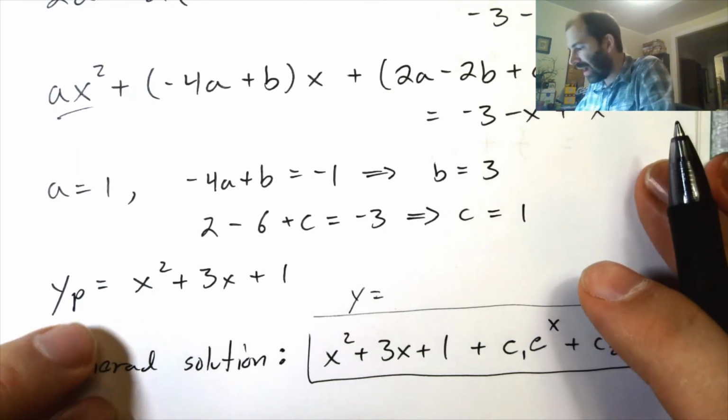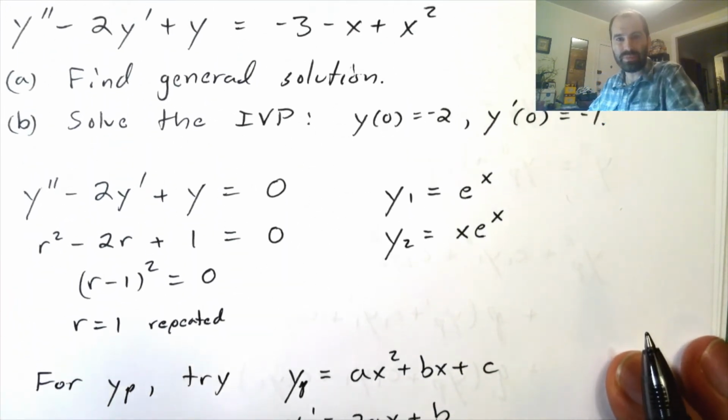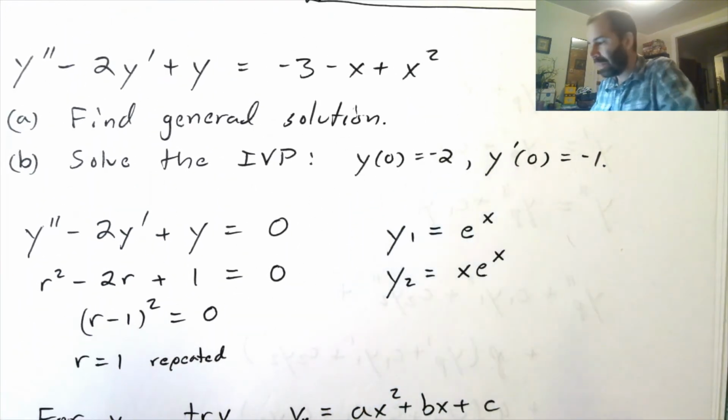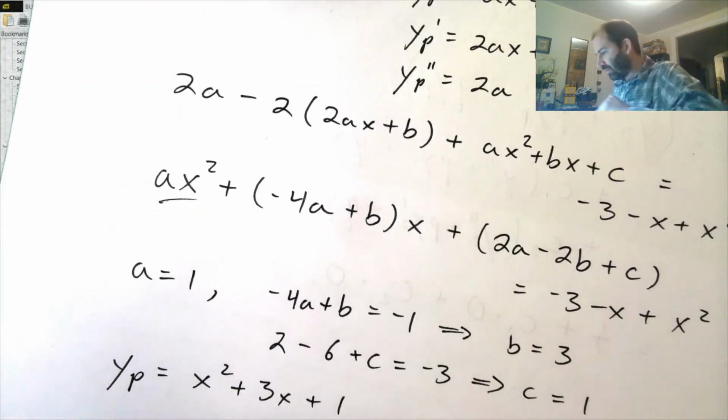Now we were also asked to find the solution to the initial value problem. y of 0 equals -2, y prime of 0 equals -1. Okay, let's go ahead and do that.